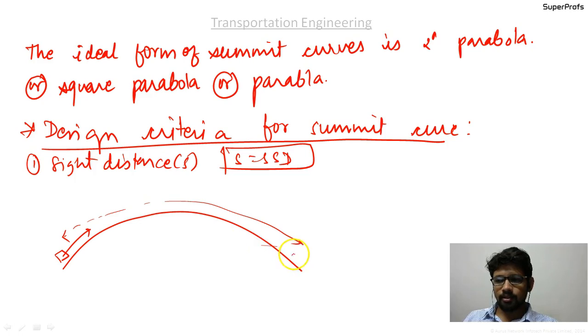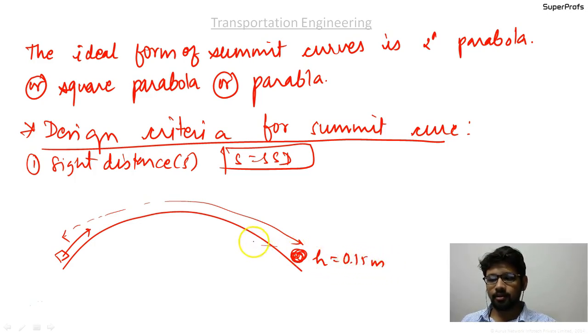Suppose here is some obstacle having height equal to 0.15 meters, that is 15 centimeters, and capital H is the height of the eyes of the driver from the surface of the road. From here there is obstruction to this side.